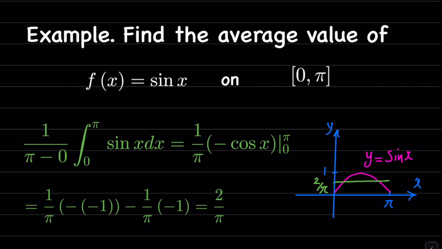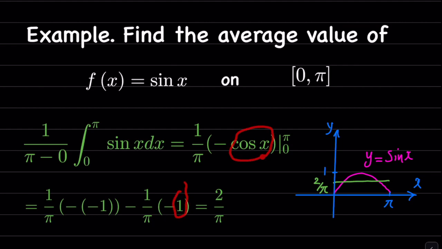Now, if you substitute x by pi, this is what you're going to get. And notice that cosine of pi is minus 1. And if you substitute x by 0, this is what you're going to get. And again, recall that cosine of 0 is 1.